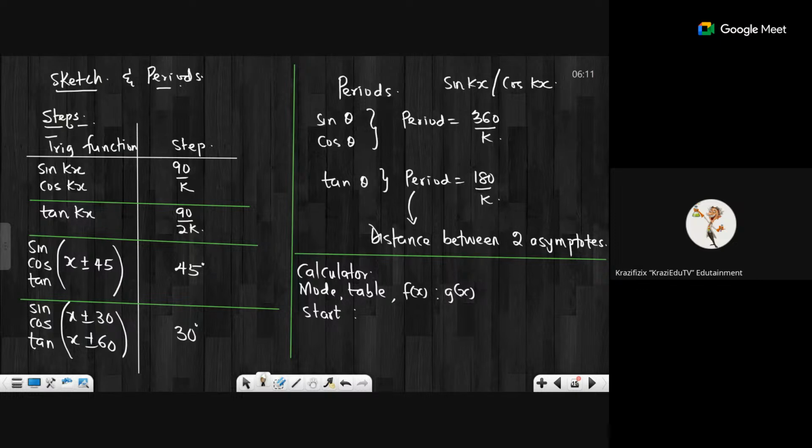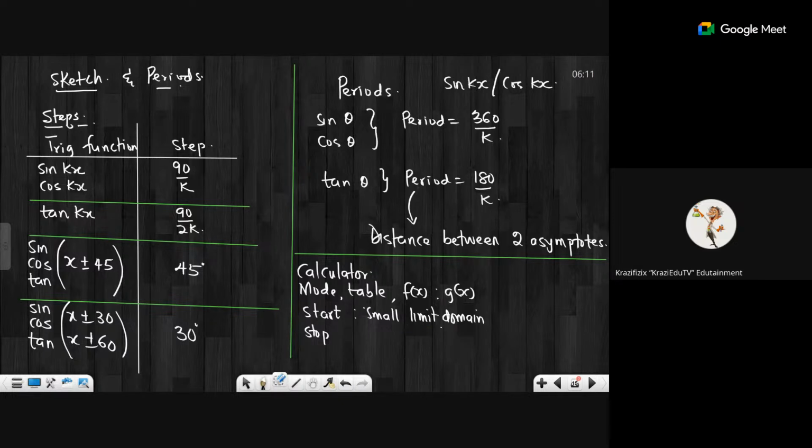Start would be the small limit of your domain. And your stop is the big limit.